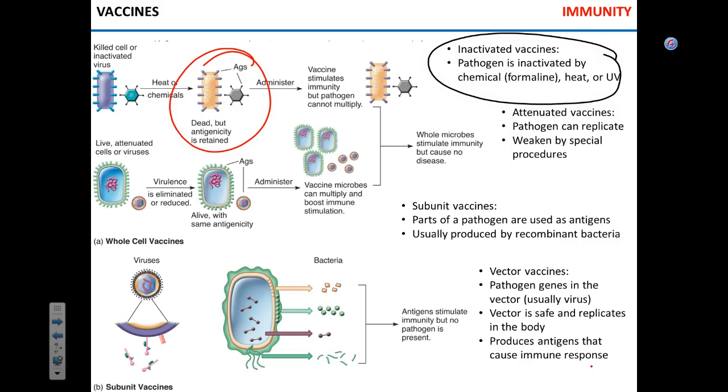Attenuated. What does that mean? Vaccine is attenuated. Pathogen is what? Weak. Yeah, it is weak. Which attenuated vaccines do you know? Oh, we don't have one.